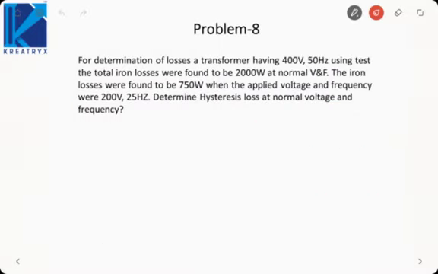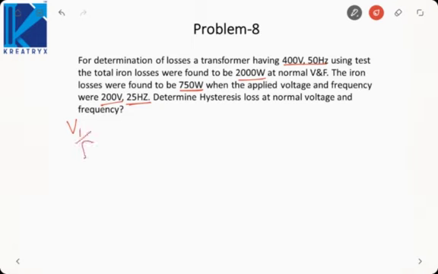Next is for determination of losses in a transformer. Using a test at 400 volt 50 Hz, the total iron losses were found to be 2000 watt. Then we have the iron losses to be 750 watt when voltage is 200 and frequency is 25.